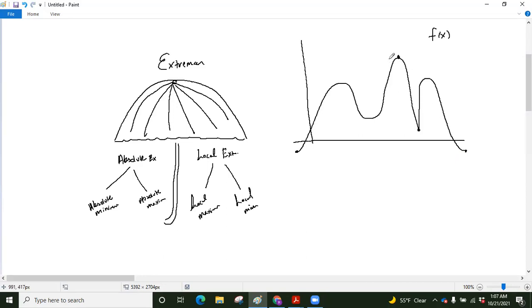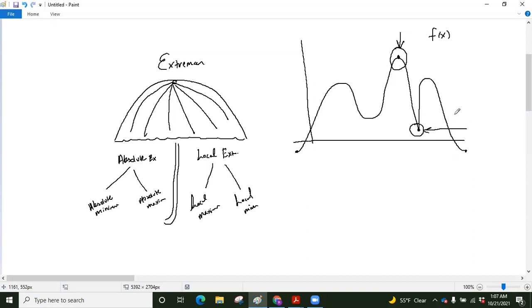With that understanding, throughout the entire graph, or as you may hear people call it, throughout the entire domain of the function, this is absolutely the highest point on the graph, and this point here is absolutely the lowest point on the graph.